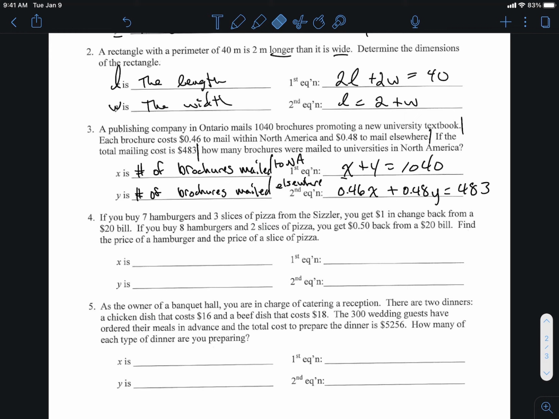And I think you can see how once you get the easier of the two, the other one's kind of like a sister equation, right? It's kind of similar in the way that it's operating. You're just dealing with something else. Does that make sense? Okay.